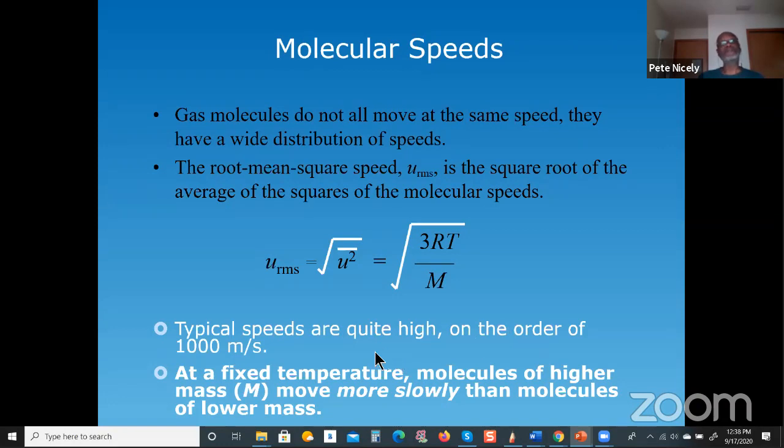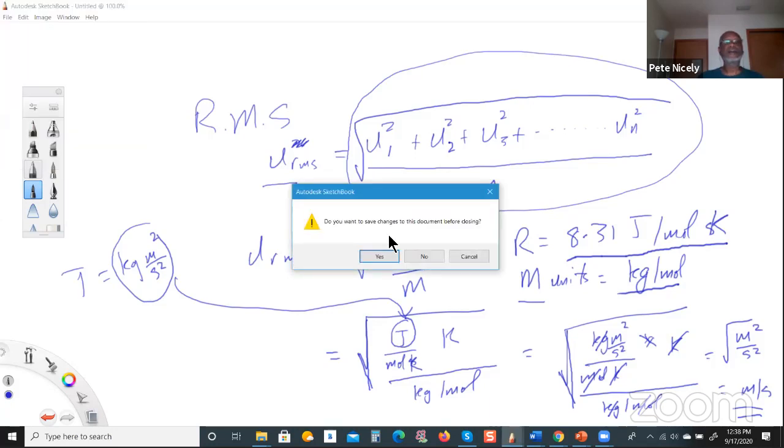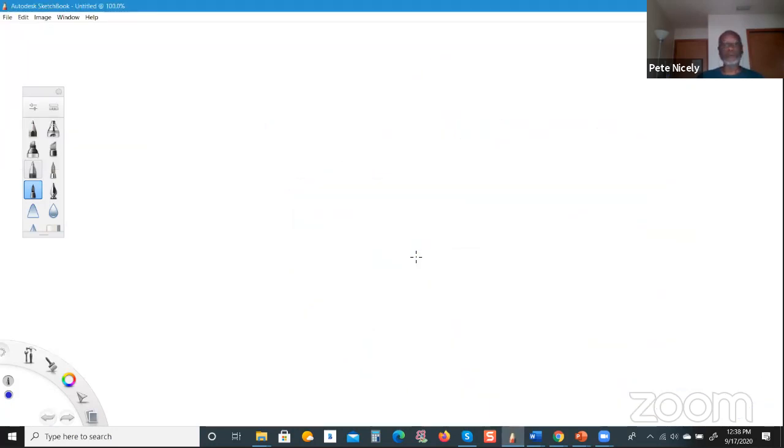So for example, let me go back to my writing pad here. If you were comparing, let's say, nitrogen monoxide to nitrogen dioxide, right? Well, this one has a larger molar mass.